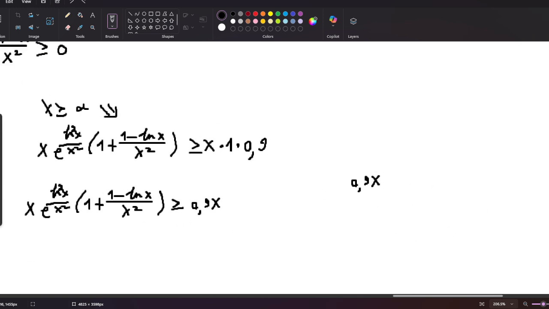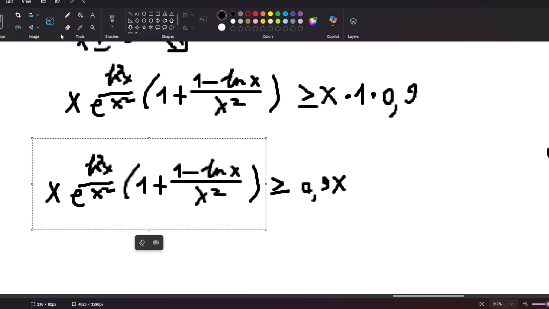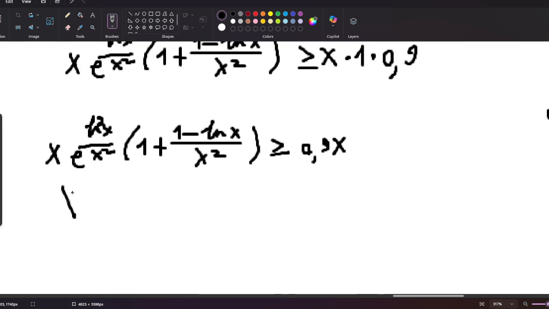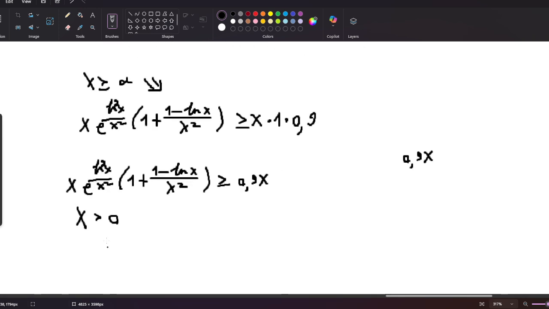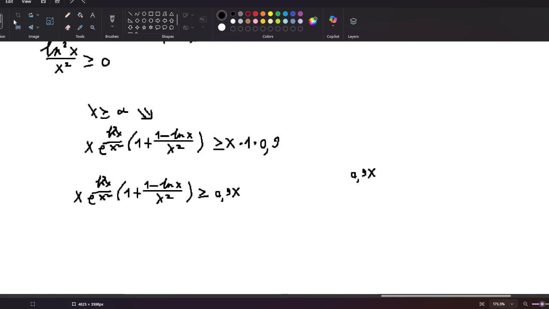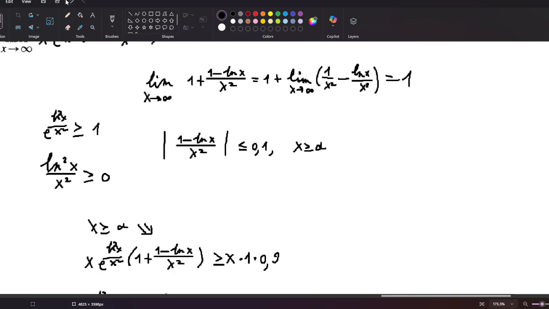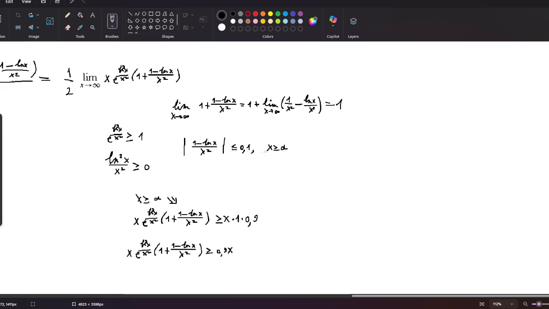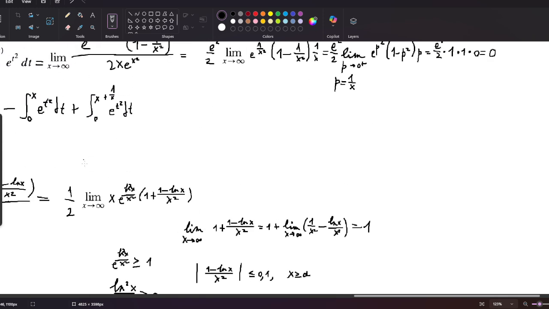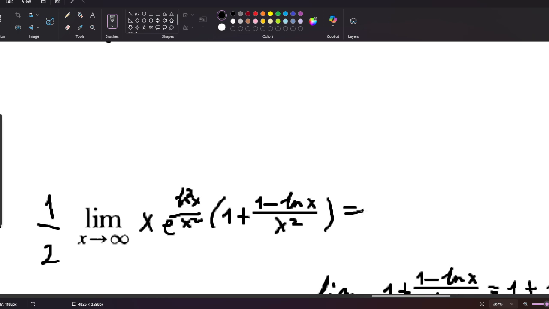So it obviously diverges, and since this is greater than that, and it's also continuous for x greater than 0, that would suggest that this also diverges. So the limit simply does not exist, or in other words, we can say that it diverges to infinity.